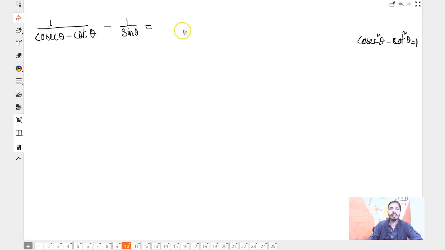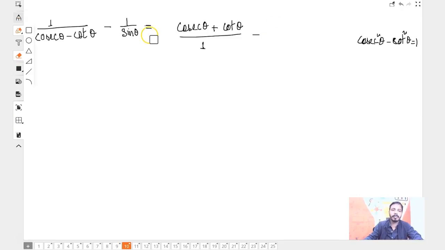So this is very simple. So from here I can just write this directly as cosec theta plus cot theta in the numerator, and in the denominator I will get 1. Okay, minus 1 by sine theta, and 1 by sine theta can be written as nothing but cosec theta. Now you see guys, I can easily cancel this out and I can write the answer is cot theta.